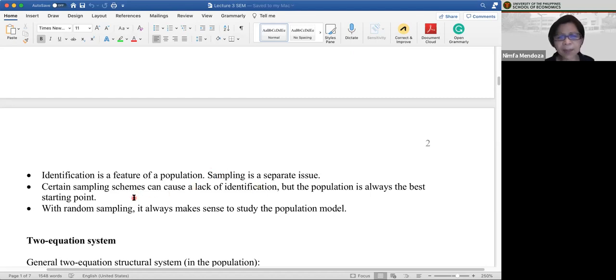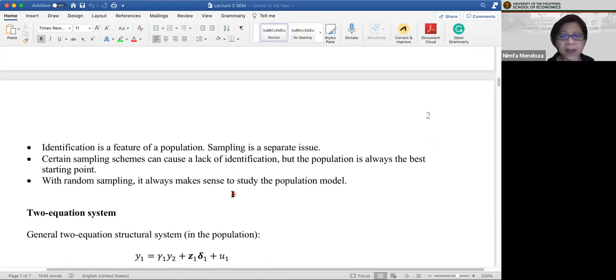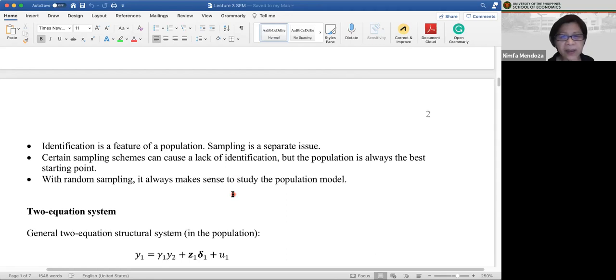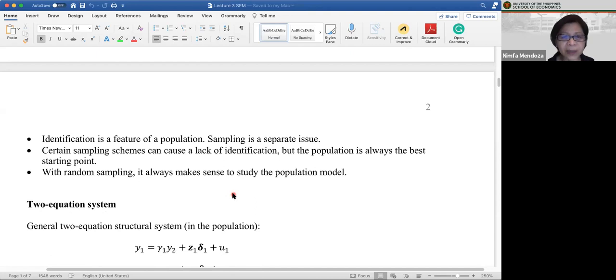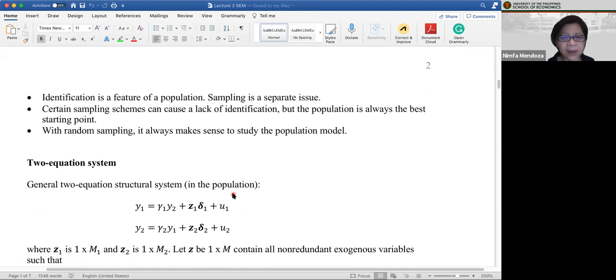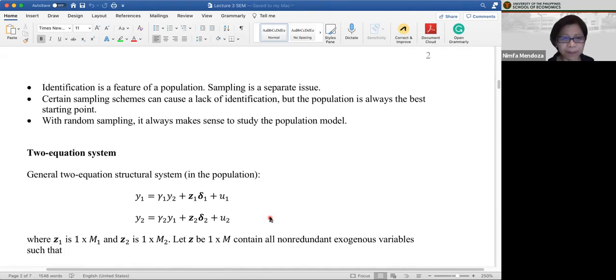Though certain sampling schemes can cause lack of identification, but for now, we will abstract again from this potential problem. Okay. So we start with the population as the starting point, okay? And we assume we're doing random sampling. Okay? So let's have a two equation system.